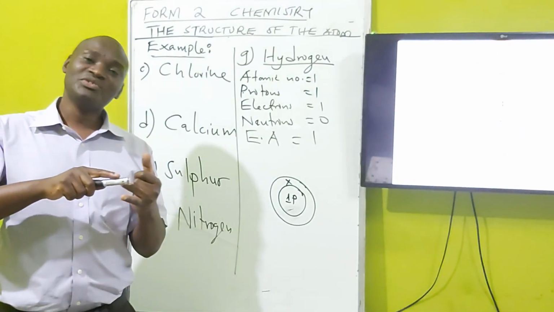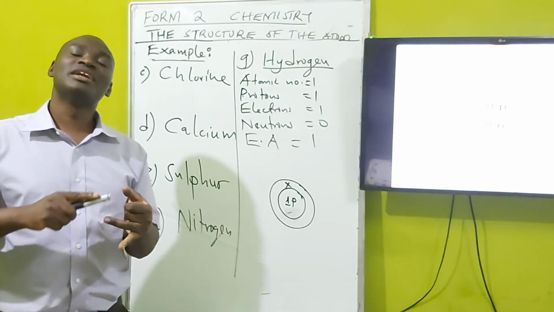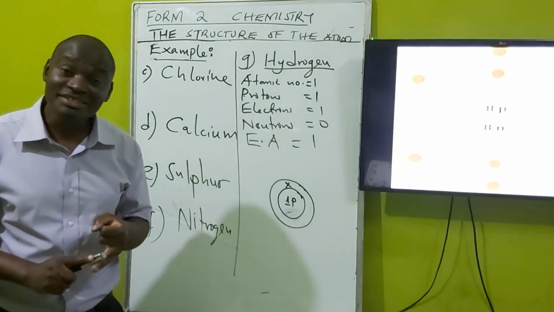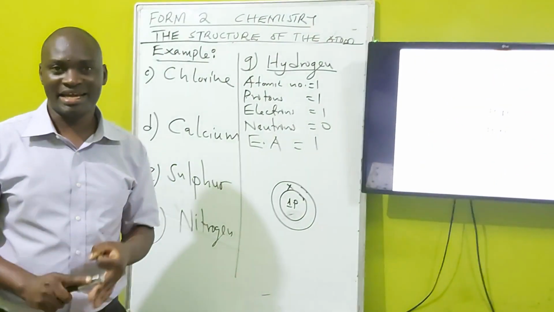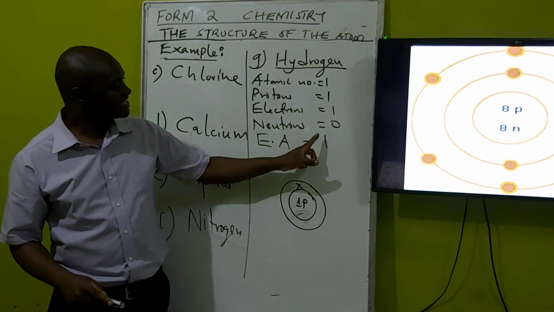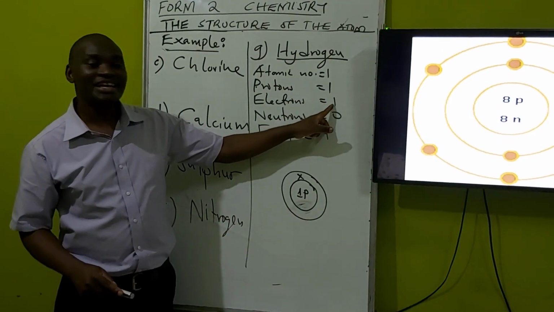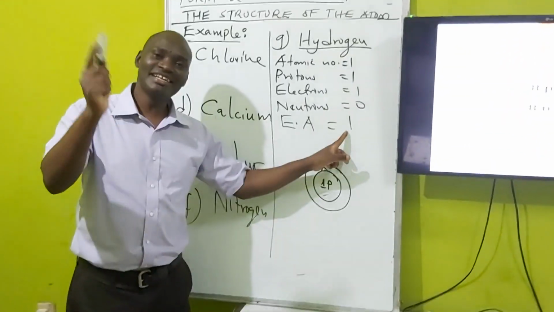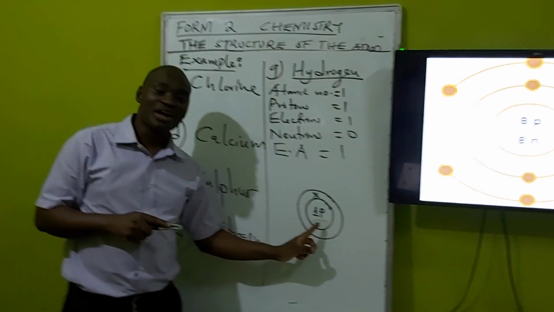Why? If you know the atomic number, you know the number of protons. And if you know the number of protons, you know the number of electrons. If you know the number of electrons, then you can write the electron arrangement. If you can write the electron arrangement, it means you can draw what?